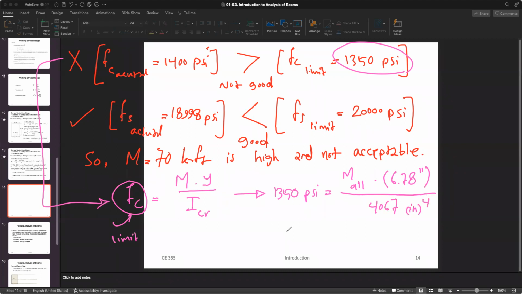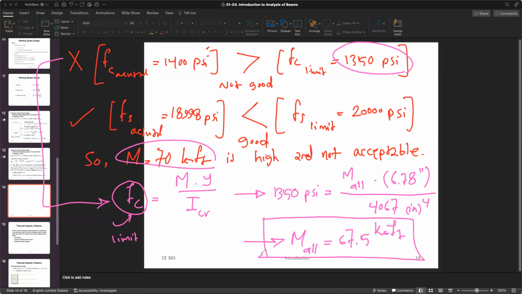So if I solve for this, your allowable would be 67.5 kip-foot. It's going to be pound-inches, and if you change it to kip-foot, it's going to be this number, right? So for 70, you weren't good, but for 67.5, you're going to be good for both scenarios.